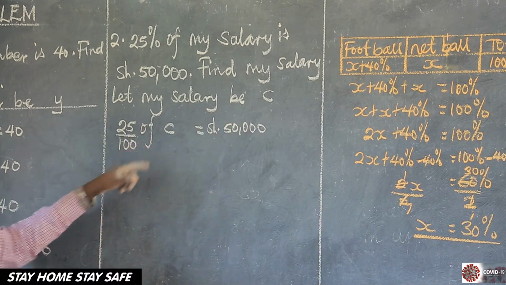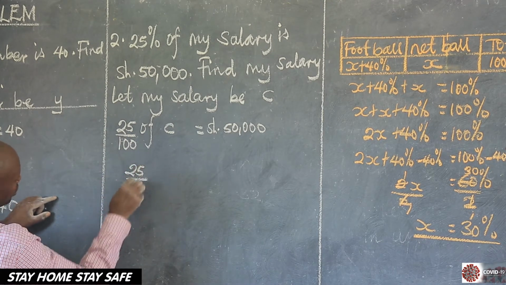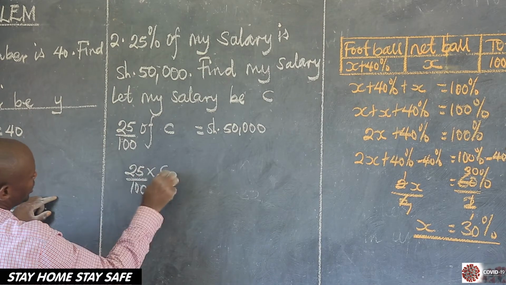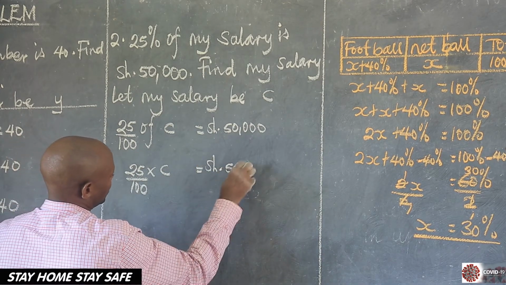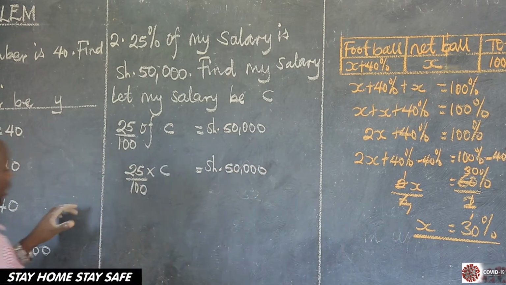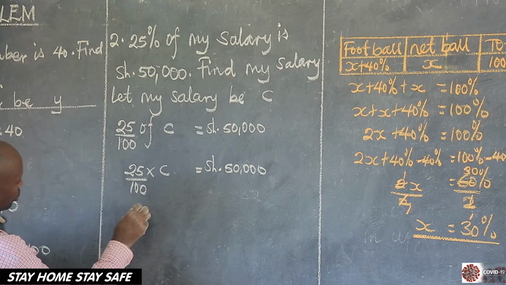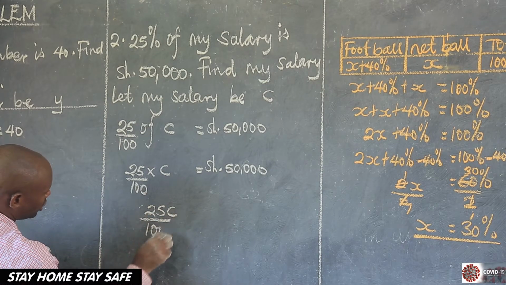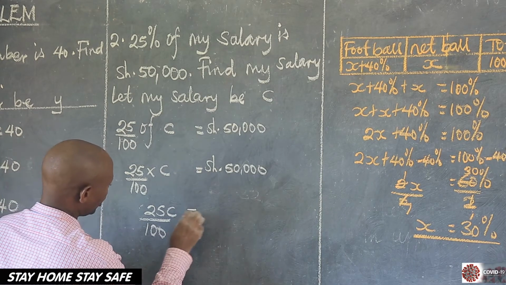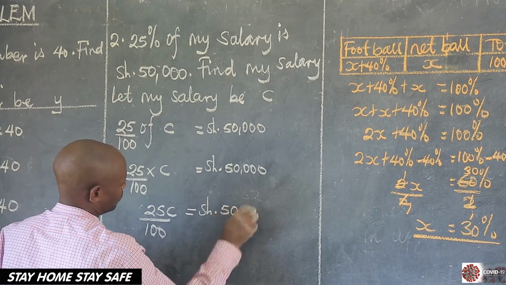Remove of. Of means multiplication. So we shall have 25 out of 100 times C equals 50,000. And therefore, we are going to have 25 times this, which will give you 25C out of 100, and this one is going to give you 50,000.